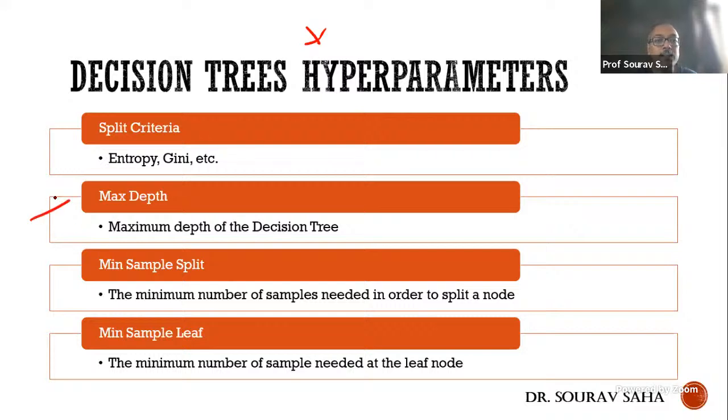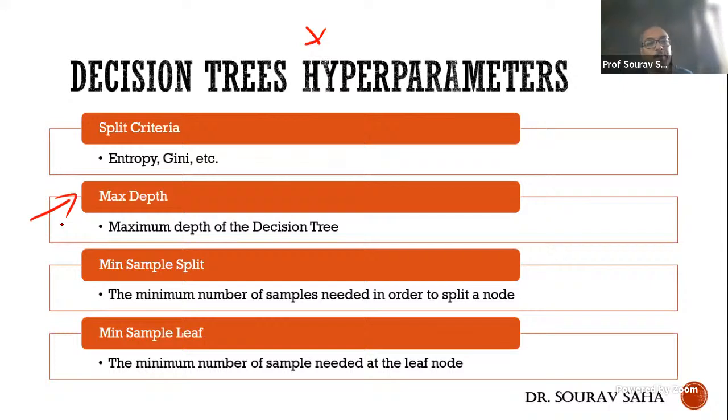Another one is the maximum depth. What is the maximum depth? Am I going to keep it at 1, 2, 3, 40, 100? Depending on the depth, as I just discussed with you, the decision tree will change.